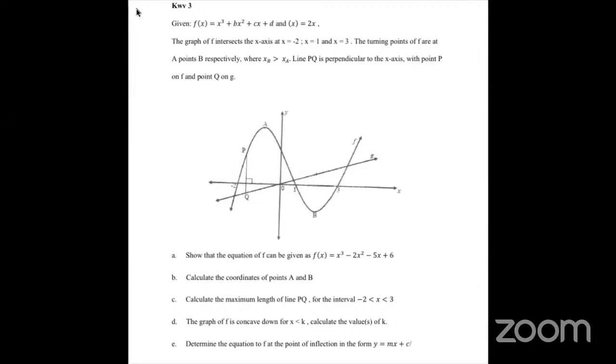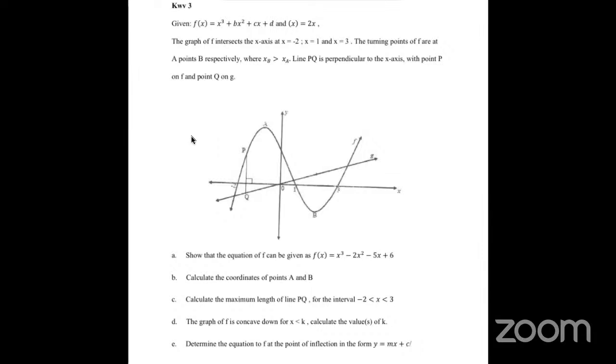Yeah, I can hear you. I'm getting a strange number for B. What I did, let me start at A. At A, I used the x-intercepts, the roots, and then x plus 2, x minus 1, x minus 3 to find the equation of the formula, and then I got that.